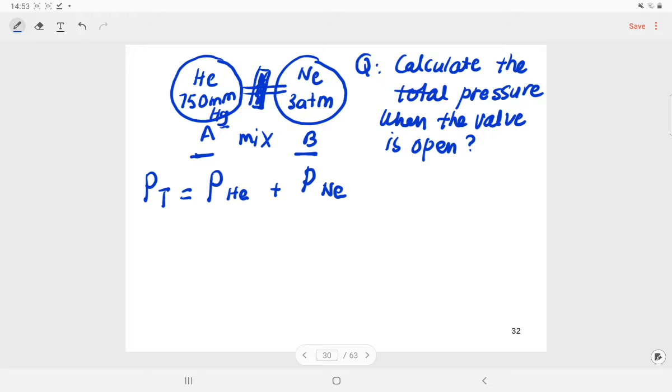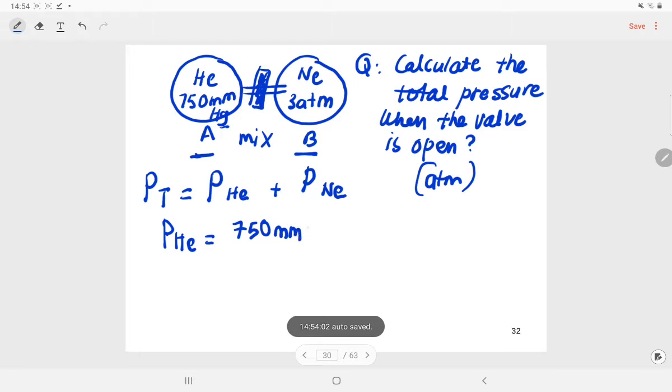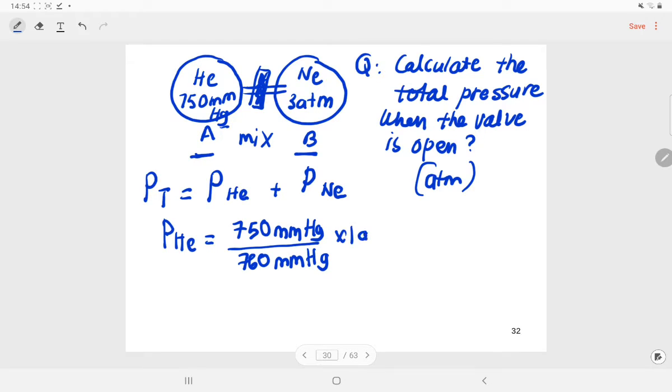So you need to convert helium or neon into one of the units. Let's say we fix it into atm pressure. So we need to change the partial pressure of helium from millimeter mercury into atm. If you calculate, you will get 0.987 atm.